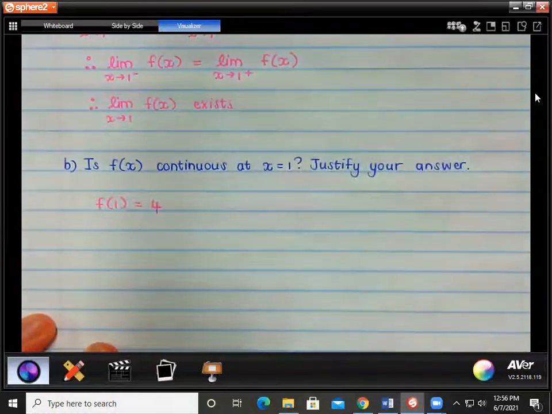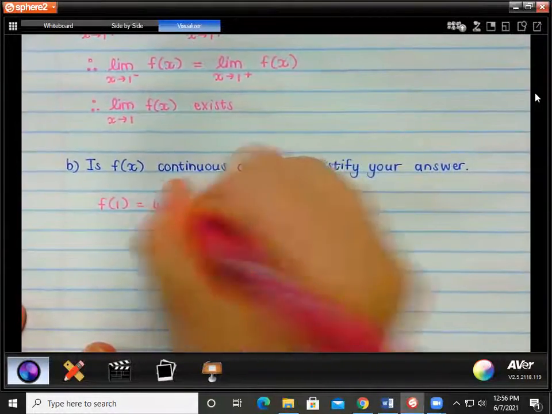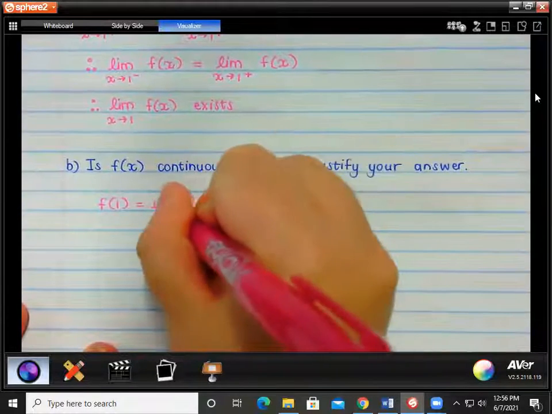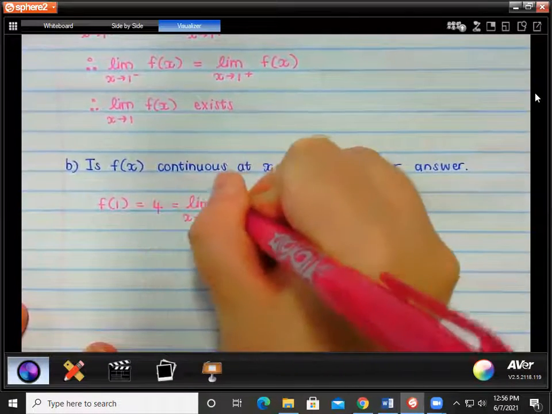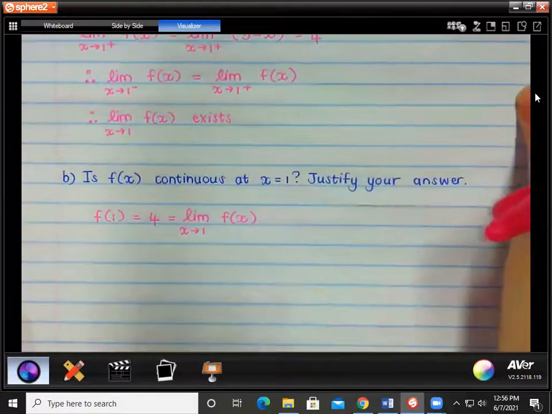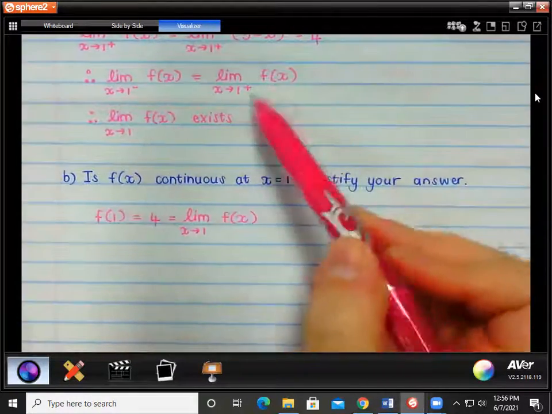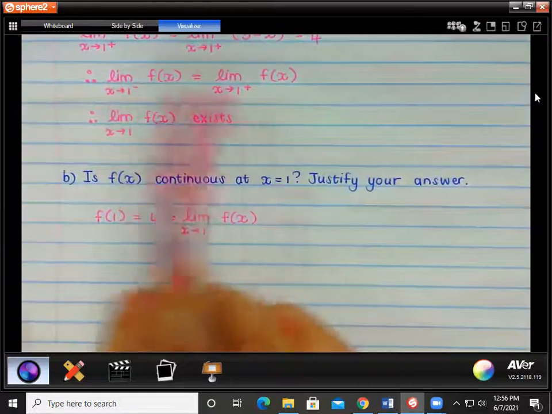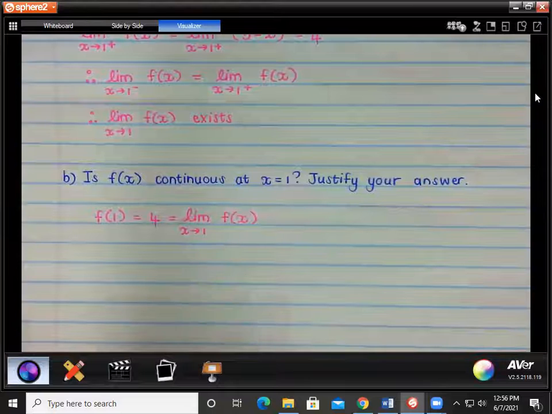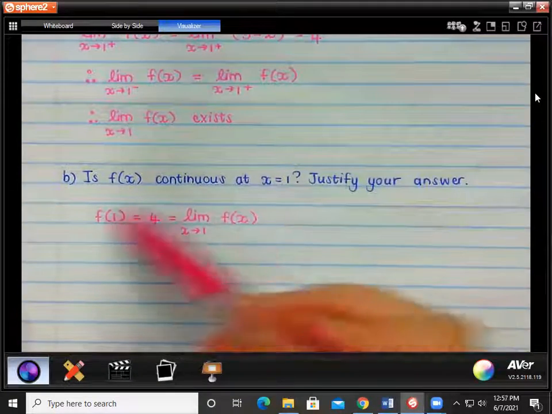Right, and now instead of writing it as a separate line, I'm just going to do it all in one line. This is now equal to the limit as x tends to 1 of f of x. Now, guys, because we proved already in the previous question that these are both equal to 4, that means that the limit as x tends to 1, regardless of direction, would also be equal to 4.